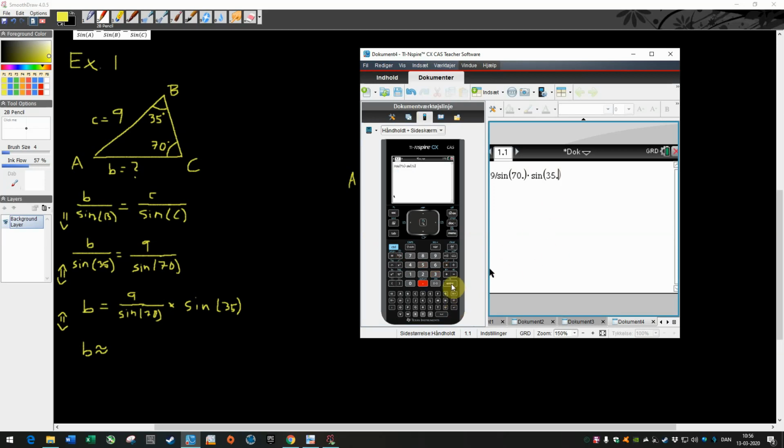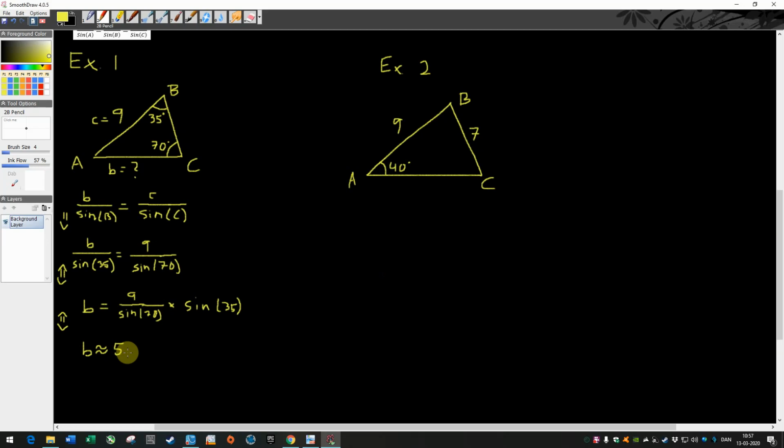Add in a dot, so it will give us the approximate value. This is approximately equal to 5.49, I think it was. Yeah. So we have calculated this length here. This is 5.49.